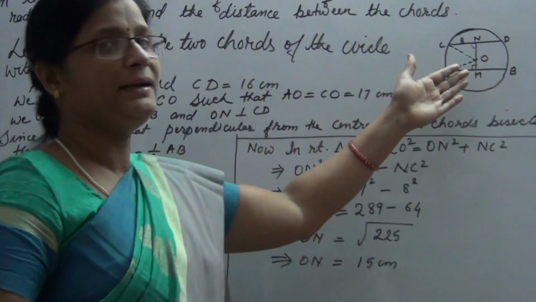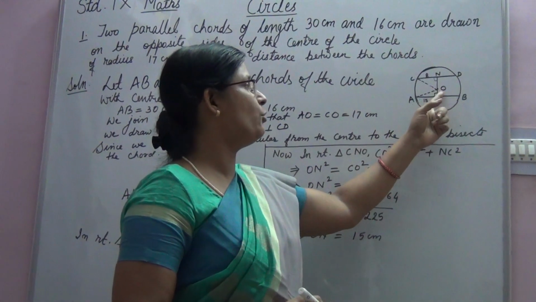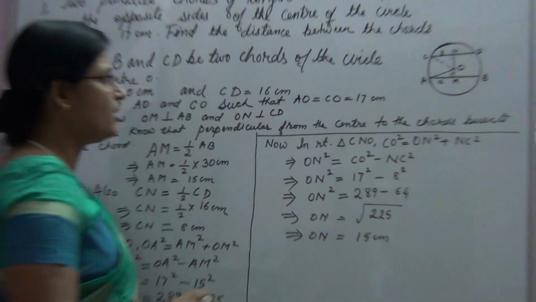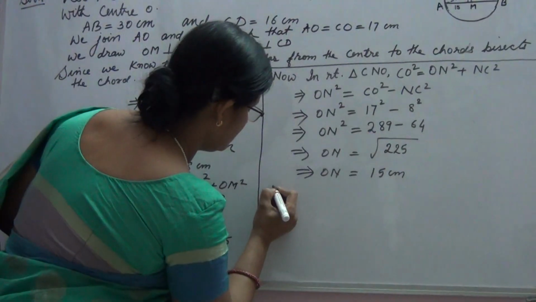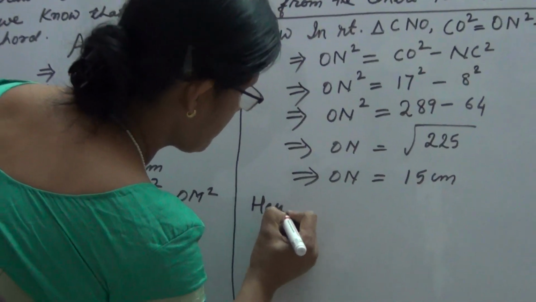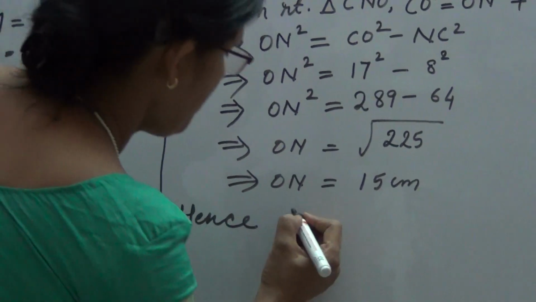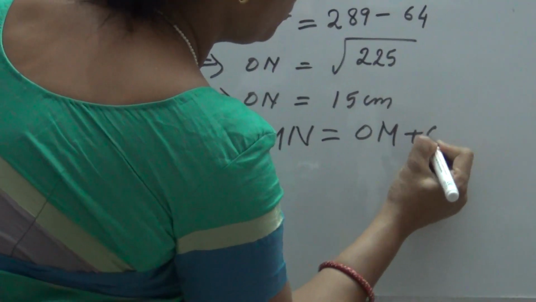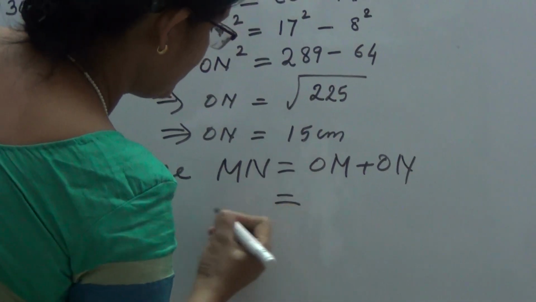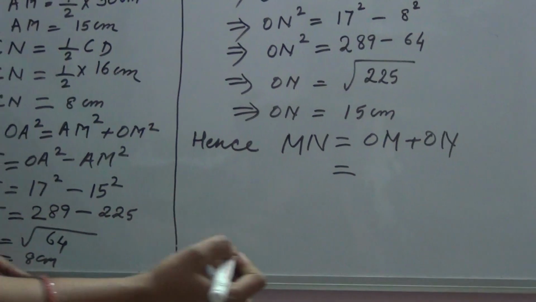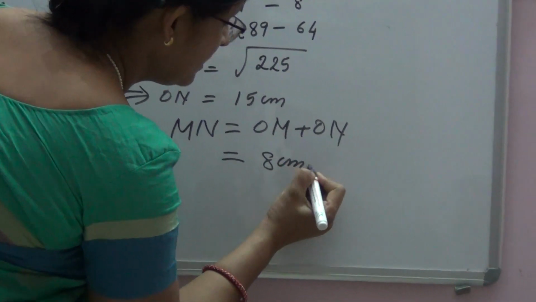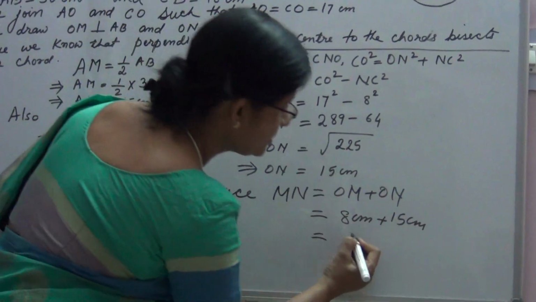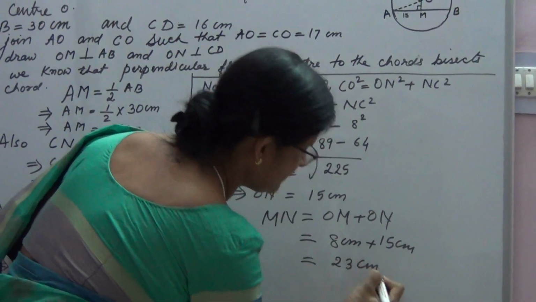As we have to find MN, and for that we need the values of OM and ON, which we have already found. So let us now find, hence, MN is equal to OM plus ON, which is 8 centimeter plus 15 centimeter, and which in all gives 23 centimeter.